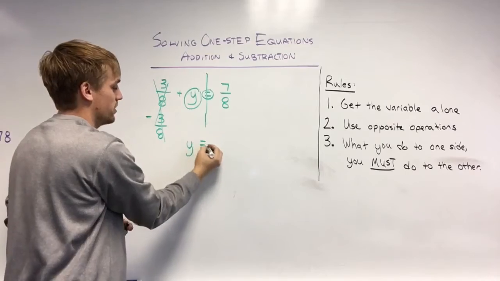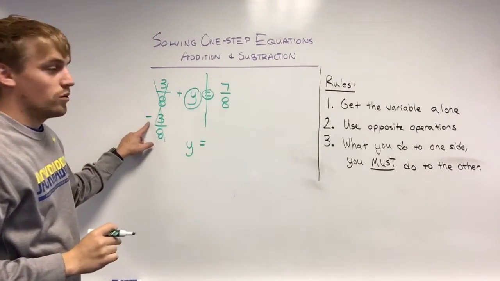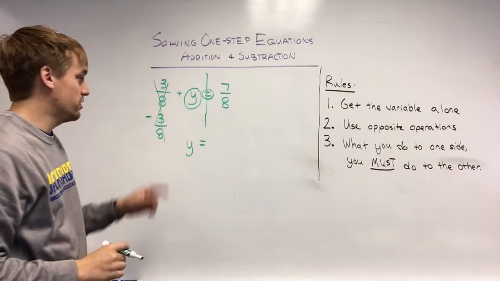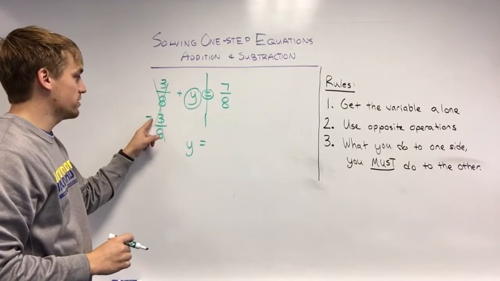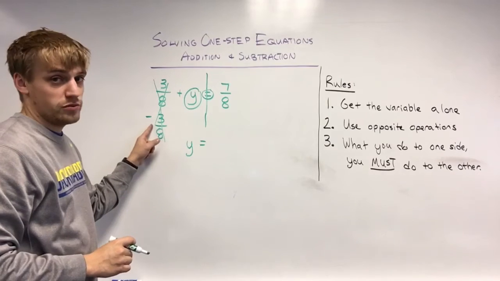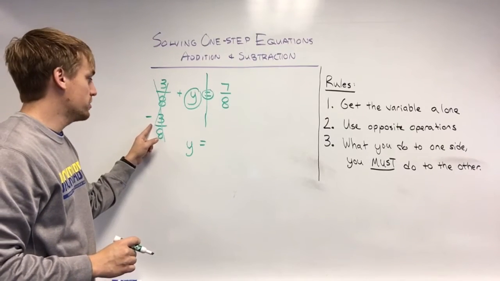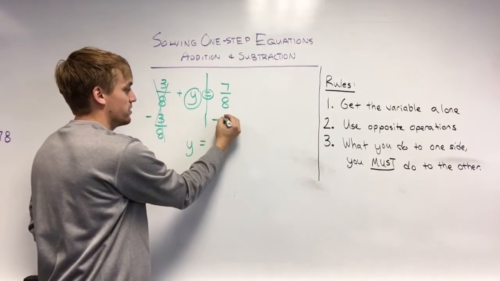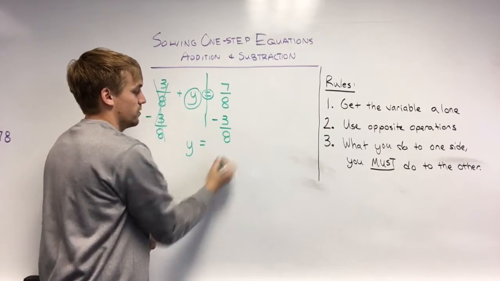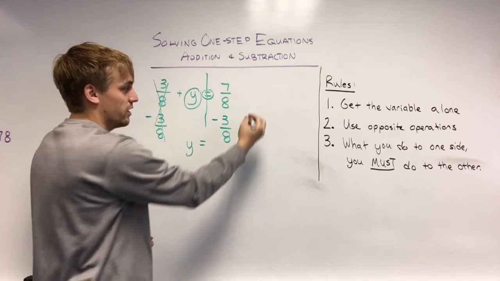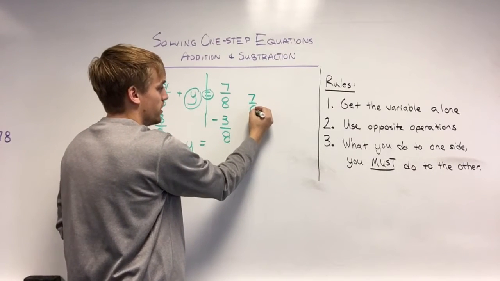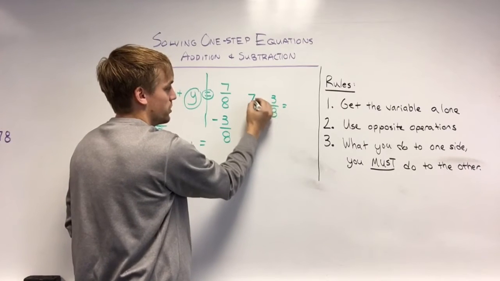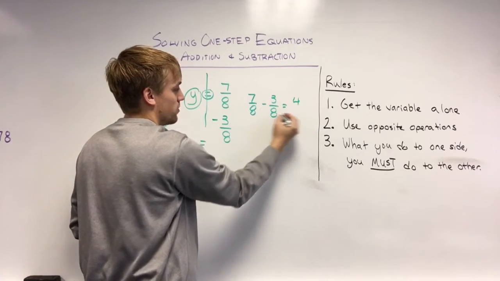Bring down the equal sign. Our third rule tells us that what we do to one side, we must do to the other. So we're going to subtract 3a. Since we subtracted 3a from this side, we're going to subtract 3a from this side. So minus 3a. And if you need to do that on the side, you can do 7 over 8 minus 3 over 8, which equals 7 minus 3 is 4.